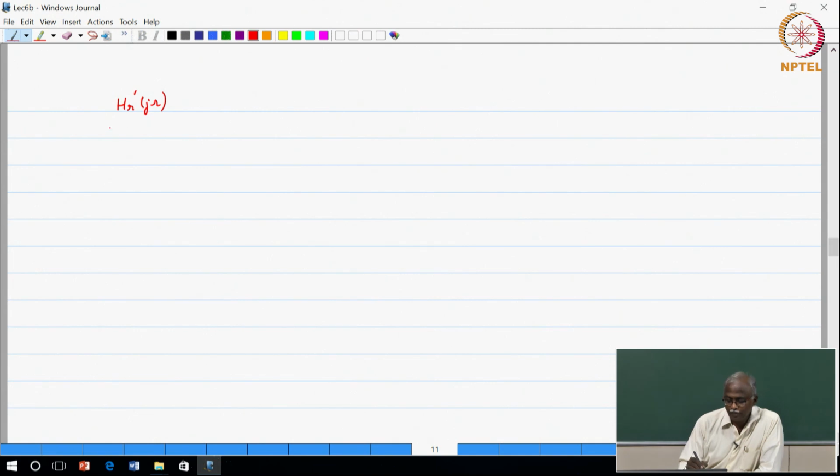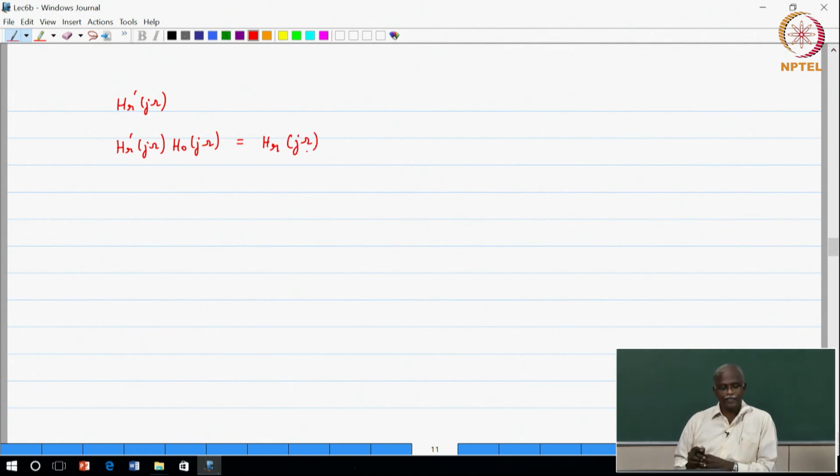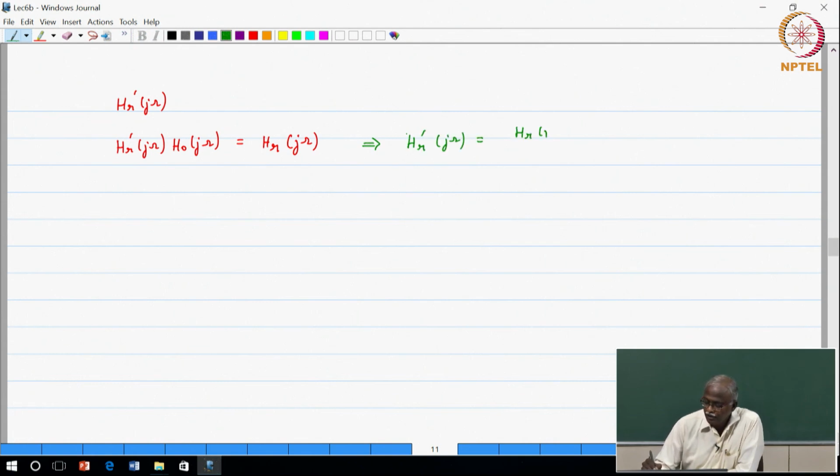The condition on H_R prime of j omega, since it is a cascade of filters, is that H_R prime of j omega multiplied by H naught of j omega must be equal to the ideal reconstruction filter, or I would like it to be as close to the ideal reconstruction filter as possible. So this tells me the response of H_R prime, because we now have to design H_R prime to be equal to H_R of j omega divided by H naught of j omega.